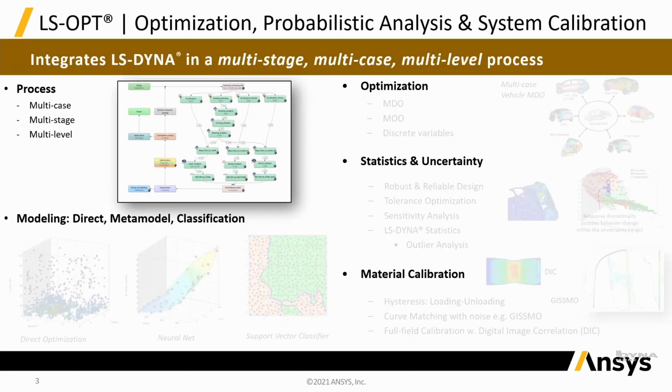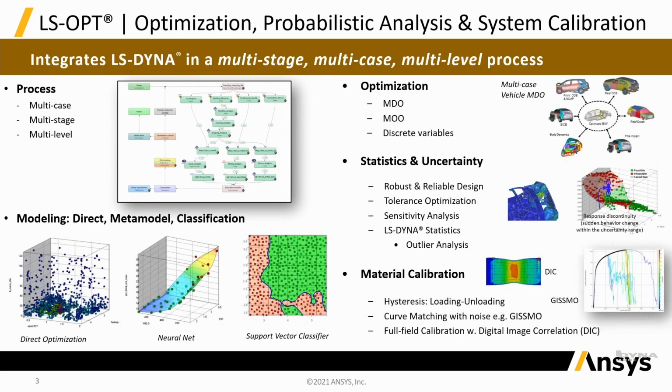So this is a broad overview of LS-OPT capabilities. As you all know, LS-OPT is process integration and optimization software, which has a lot of flexibility in how a process can be defined. It can have multiple stages or solvers, such as LS-DYNA, as well as some solvers, including user-defined solvers.